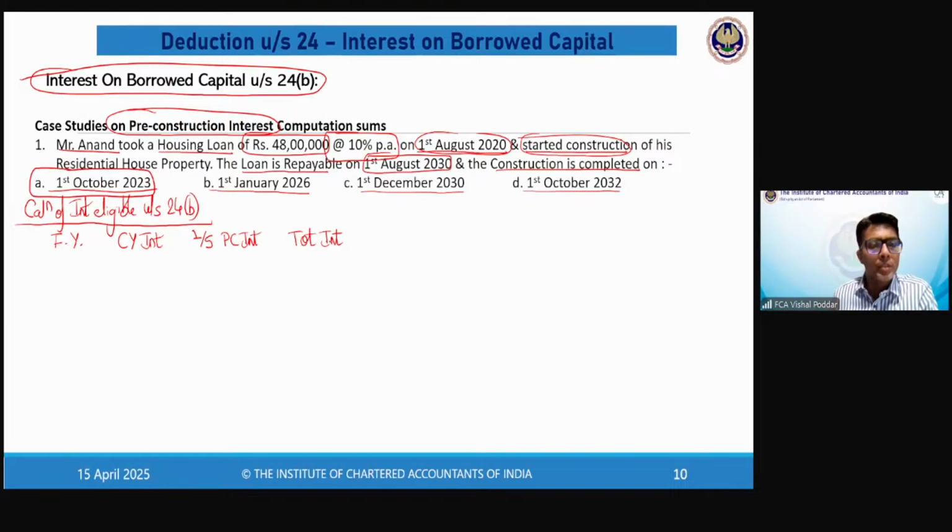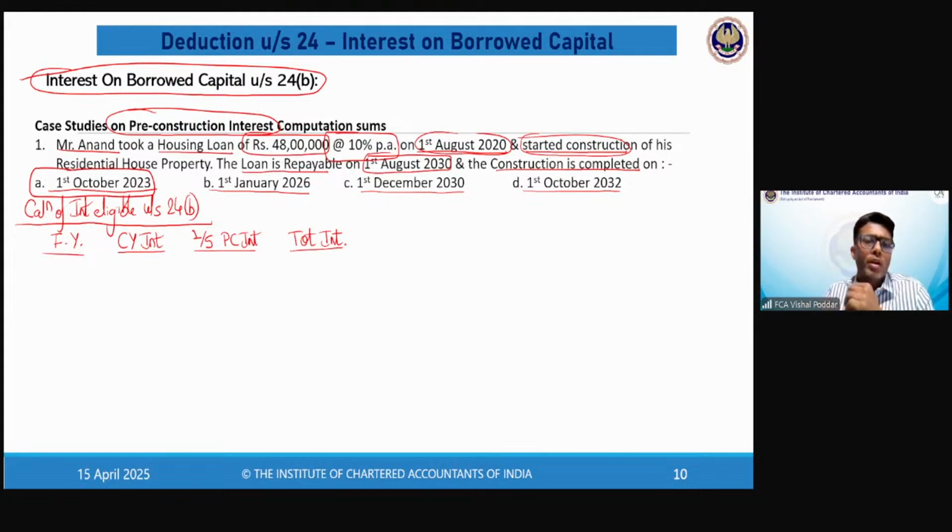Correct? So first column, financial year, not assessment or previous year, just to avoid confusion right now. Then the current year interest, then the 1/5 of pre-construction interest, and the total interest. Now we start with the working. Now I have some important questions for you. These questions will make you realize and understand the provisions.